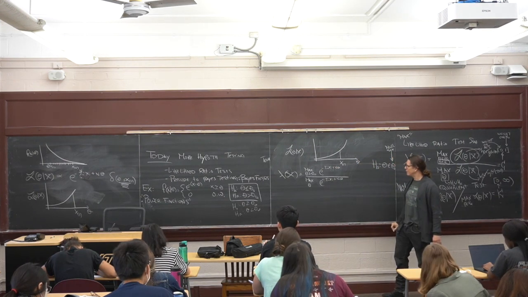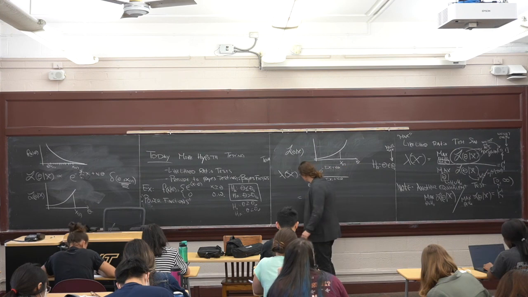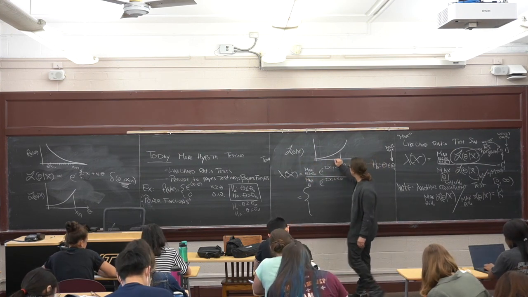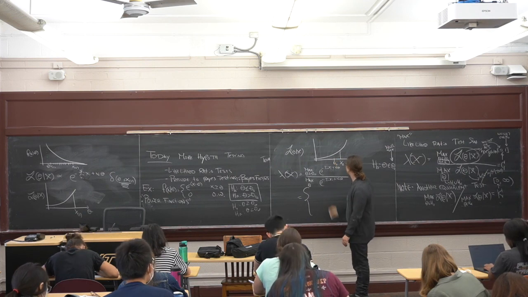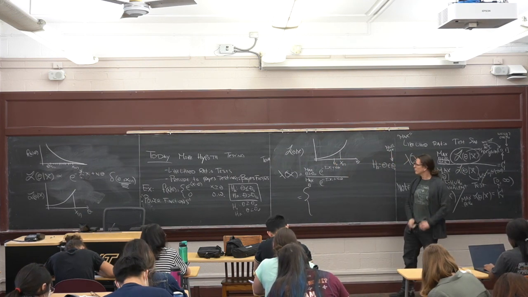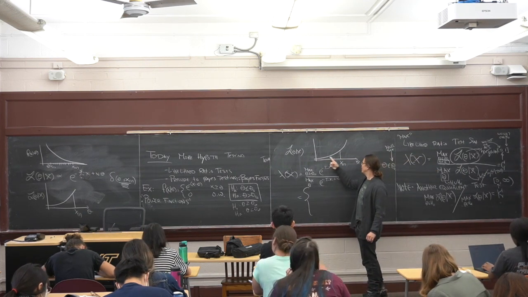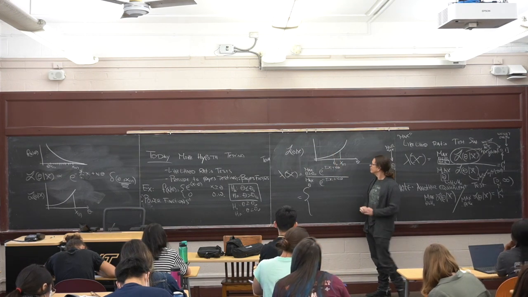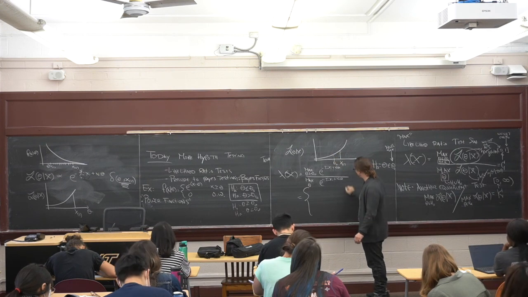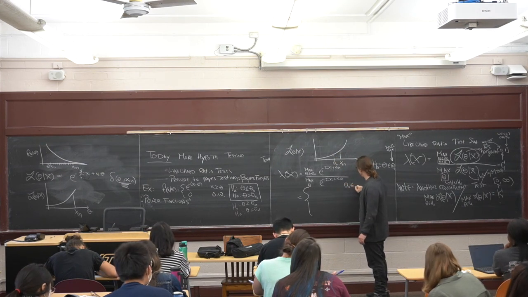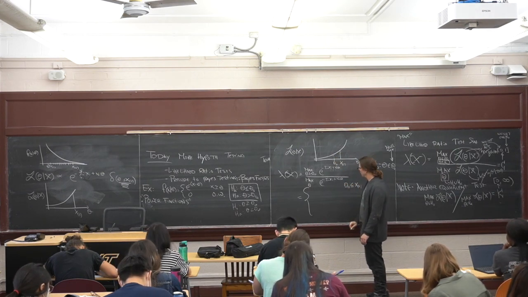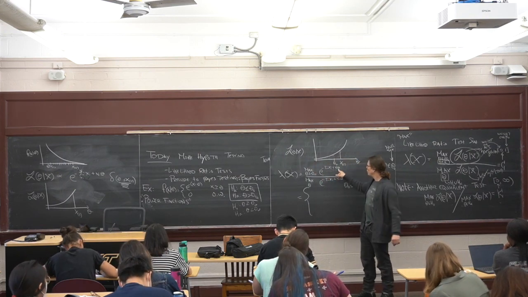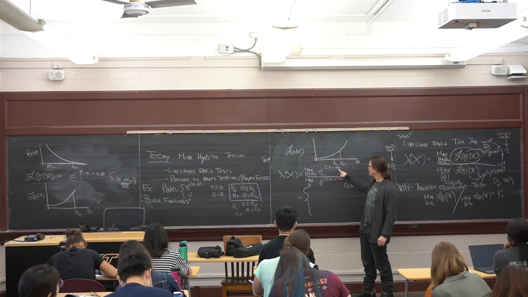We need to think about a couple different cases. So let's think about if theta naught is here. If theta naught is there, it's going to maximize at that theta naught value. So if theta naught is less than or equal to x1, this is going to maximize when I plug theta naught into that.